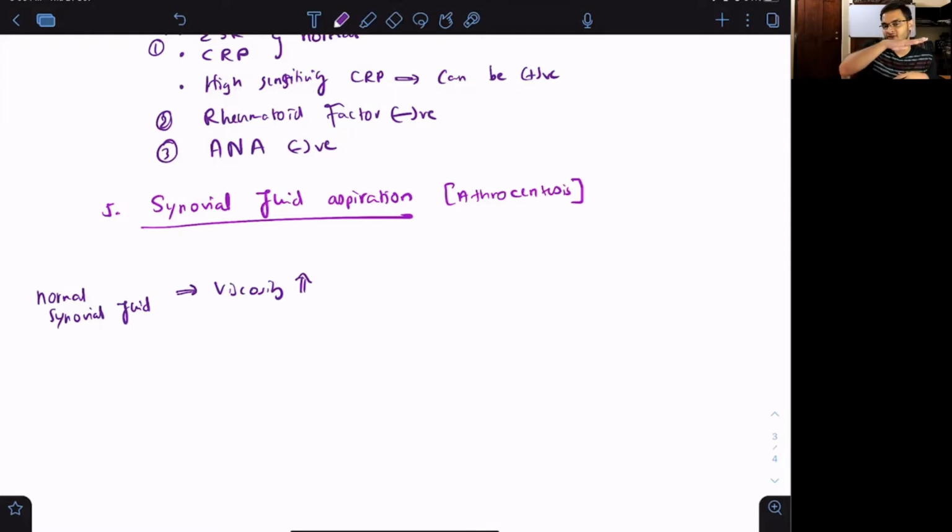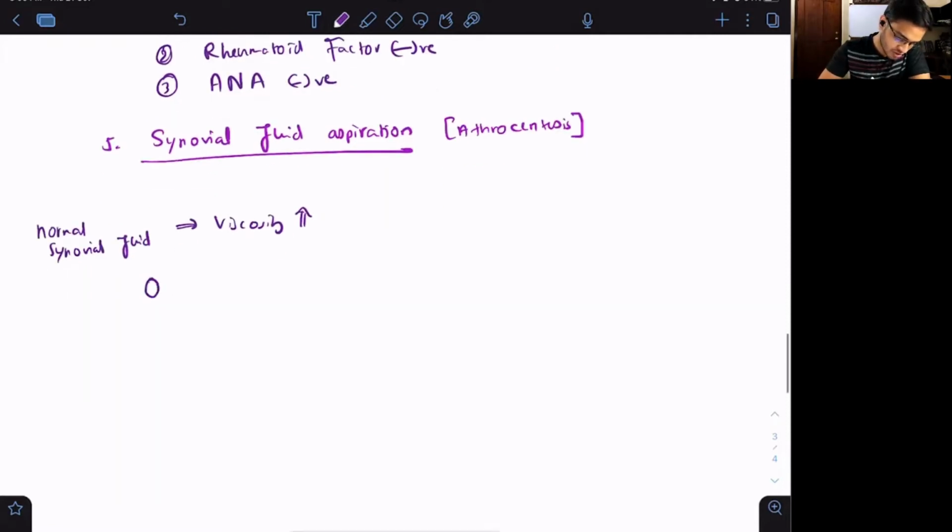So that viscosity remains high. Viscosity doesn't drop just because there is a mild drop in the hyaluronic acid. So in osteoarthritis, viscosity is again high. This is an important question. I hope you all understand.